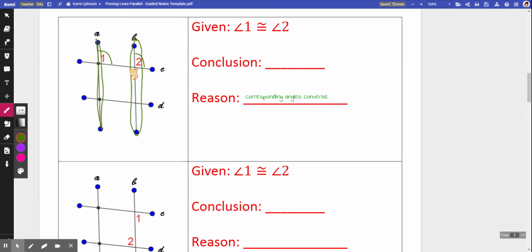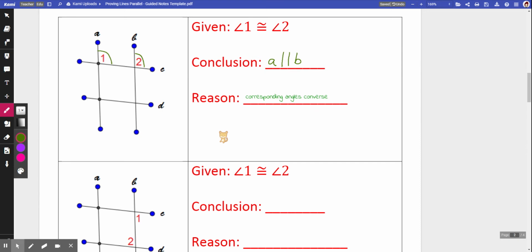It's important to make sure that you pick the correct lines though. Be careful. C and D have nothing to do with this angle pair because 1 and 2 are along C. So that makes C the transversal and A and B are the line pair. So we can say that line A is parallel to line B because of the corresponding angles converse.